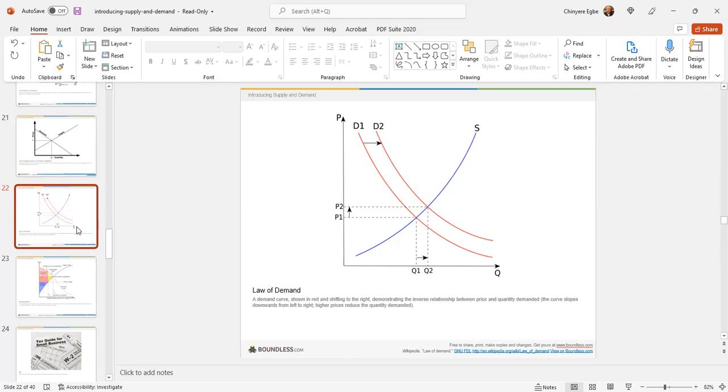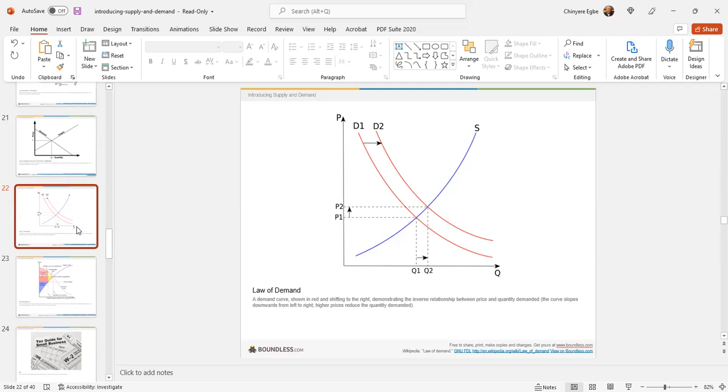Okay. For example, if you think about yourself, use yourself as an example. If your income falls, that means that even though you would buy 10 pounds of beef per month, if the price of beef falls from $2 to $1.50, you'll be able to buy 12 pounds of beef.